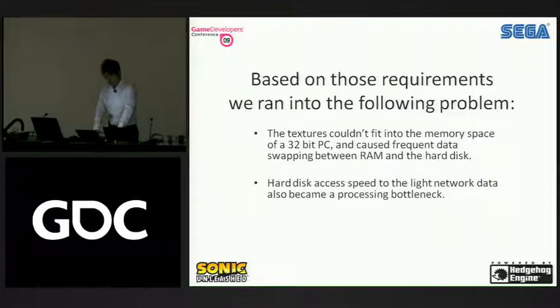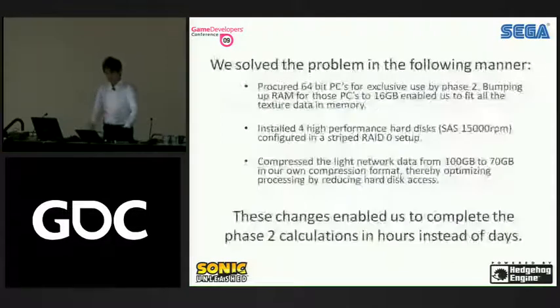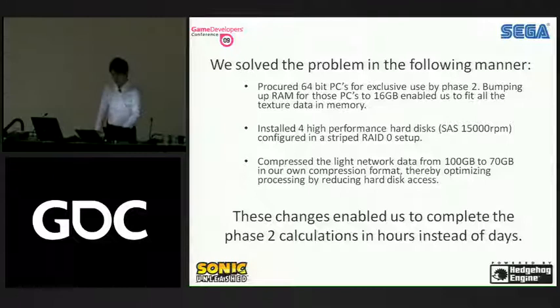With the 32-bit PC, we couldn't fit the texture in memory. There is always swapping between memory and hard disk. In the light network, accessing the hard disk takes forever. It was a bottleneck. So we decided to use 64-bit PCs, and we increased the memory to 16 gigabytes.